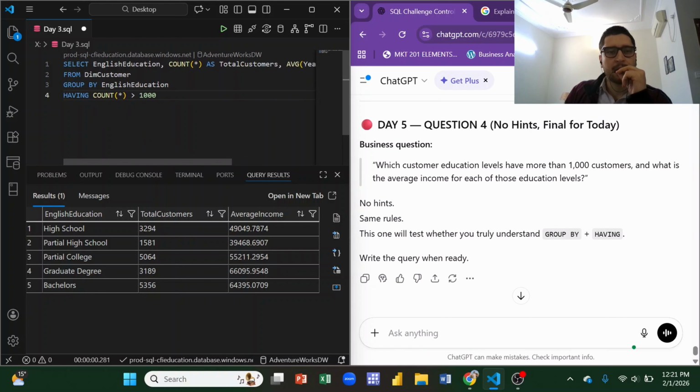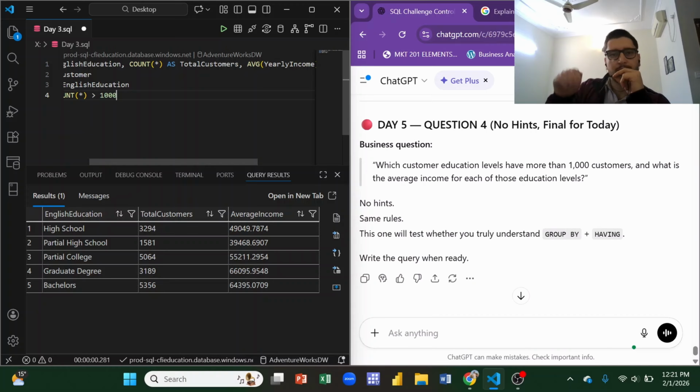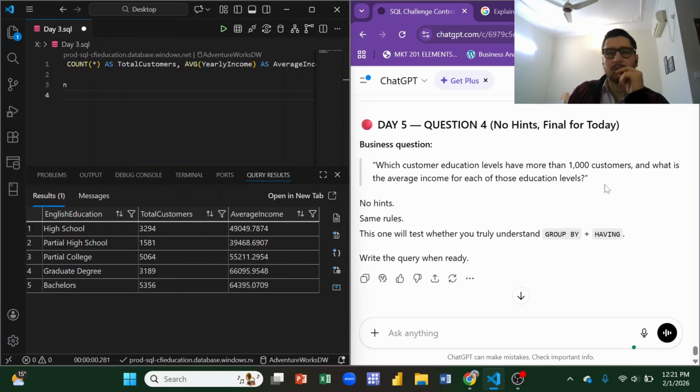Then we selected the English education as the education level. After that we counted all the rows as total customers, and because we were also asked for the average income, we took the average of the yearly income as average income.